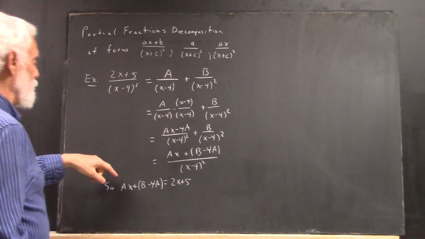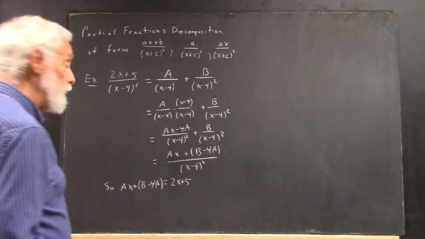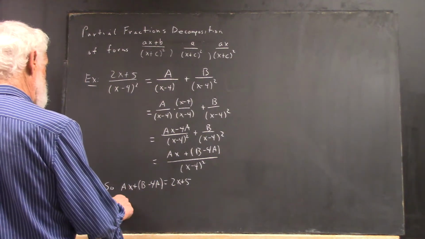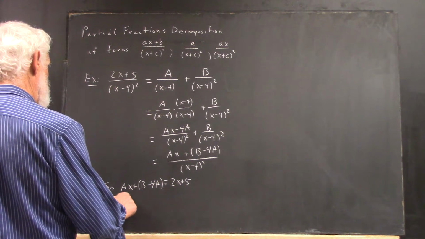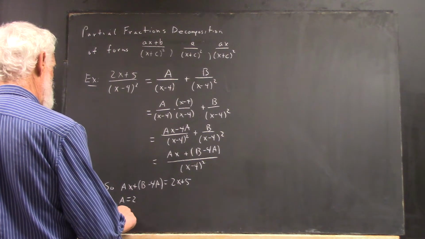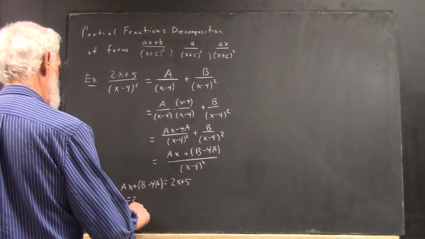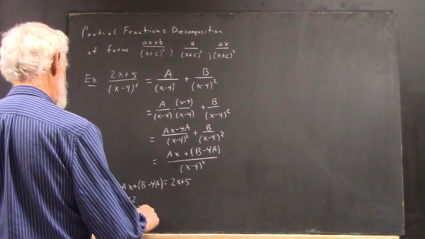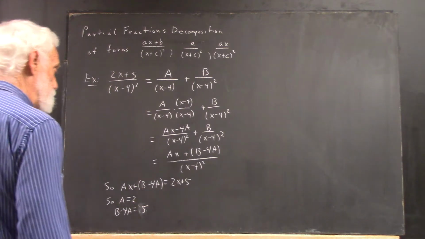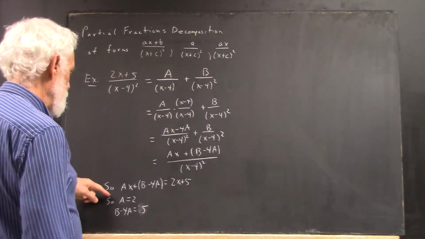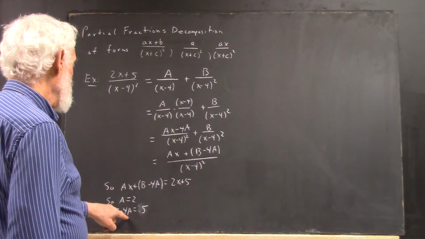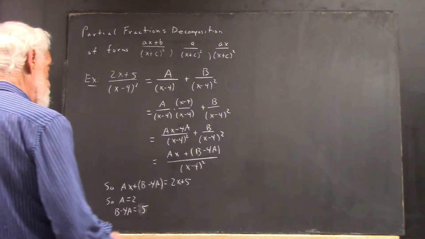Since this has to be true for all values of x, a has to be equal to 2. And then b minus 4a has to equal 5. Well, if a is 2 and b minus 4a is 5, well, that means b minus 8 is 5, so b is 13.